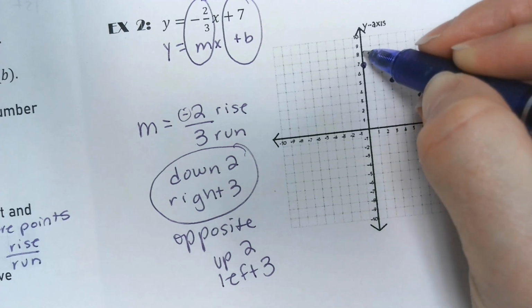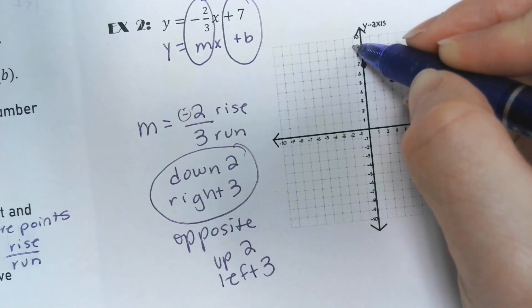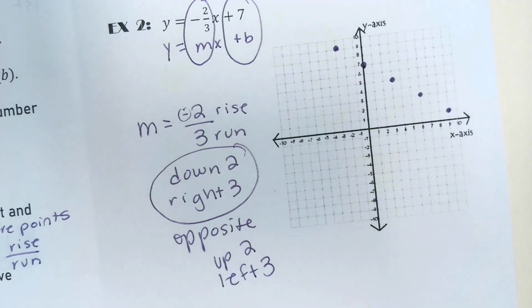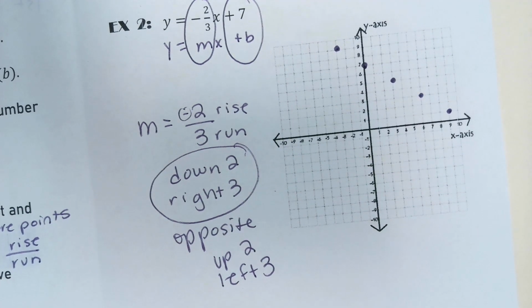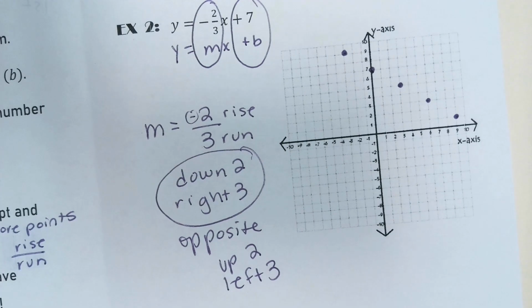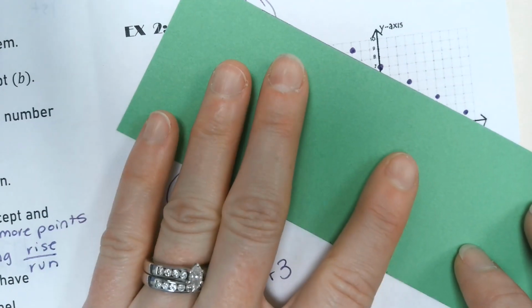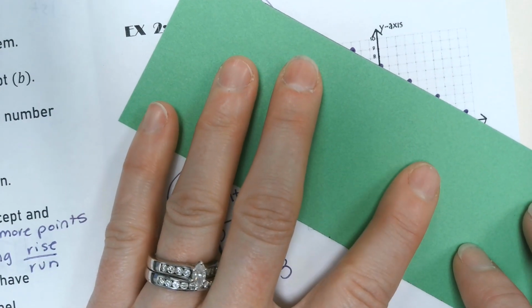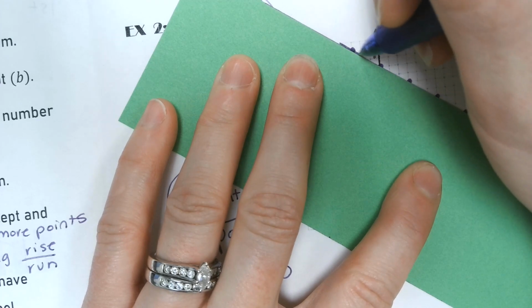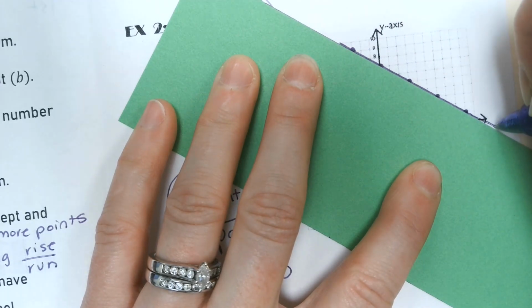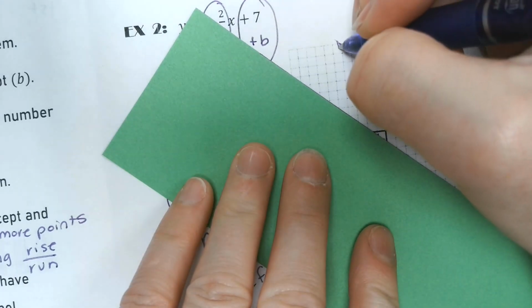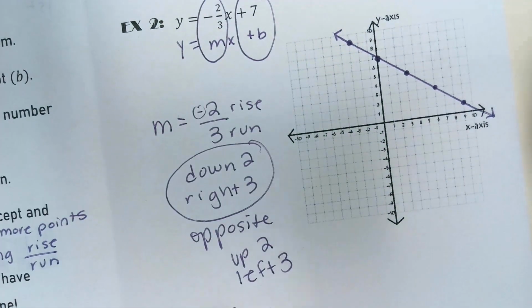And we're going to go up 2 and left 3. 1, 2, 3. So your points should be in a line. Put arrows on it and label it.